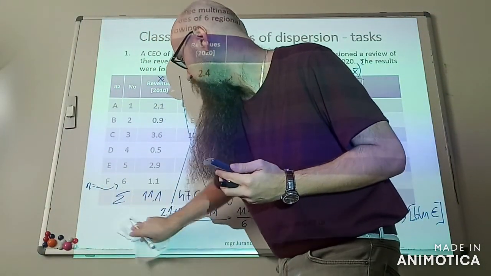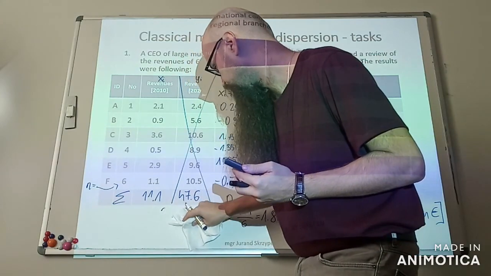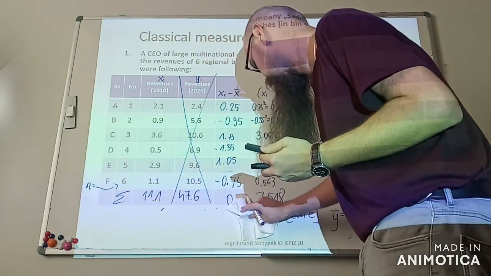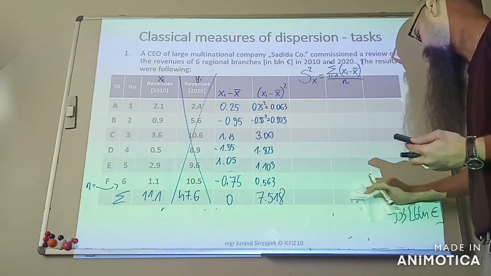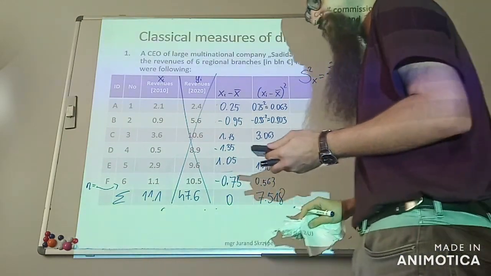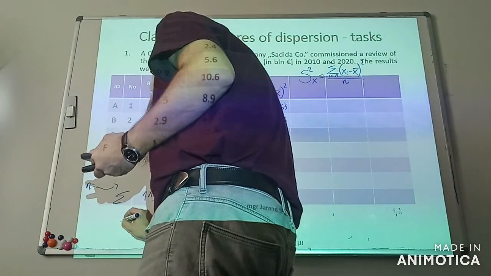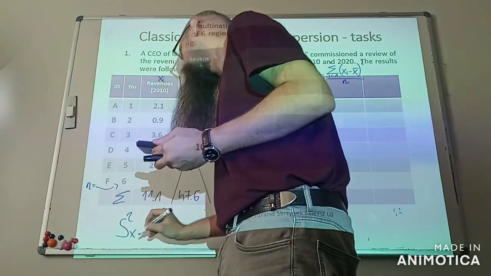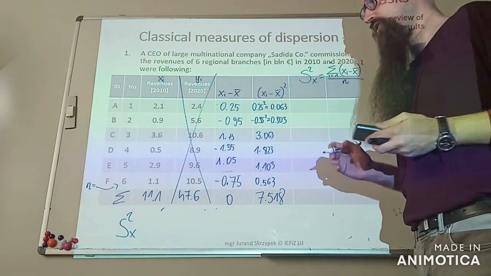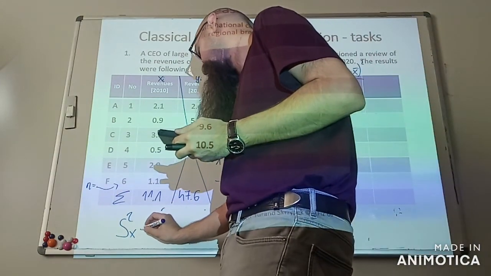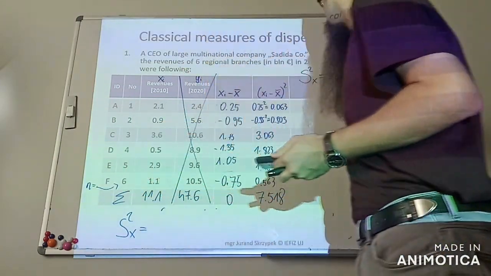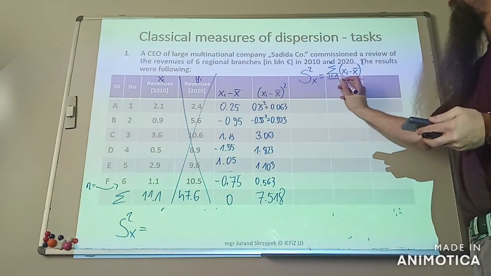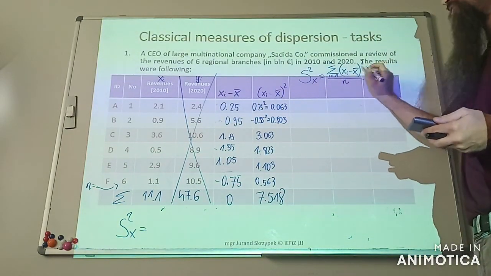And now we are able to compute the variance of the revenues from 2010. The variance of the values of variable x is equal to the sum from i equal 1 up to n of squared deviations.